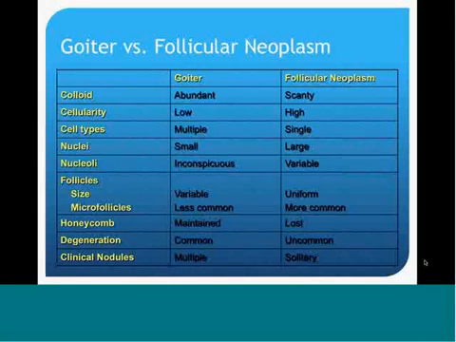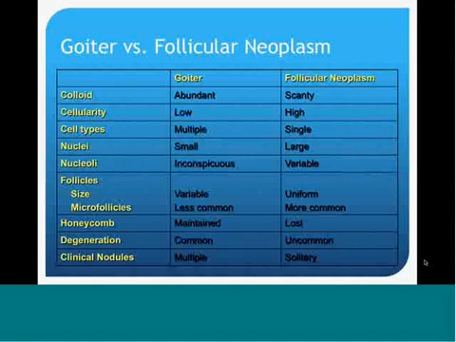You only have one cell population, whereas in a nodular goiter, you may have multiple cells. You may have some lymphocytes, some Hürthle cells, some macrophages in there, but in neoplastic lesions, you only have one cell population usually, unless you also have macrophages, but you usually only have one population of neoplastic cells.